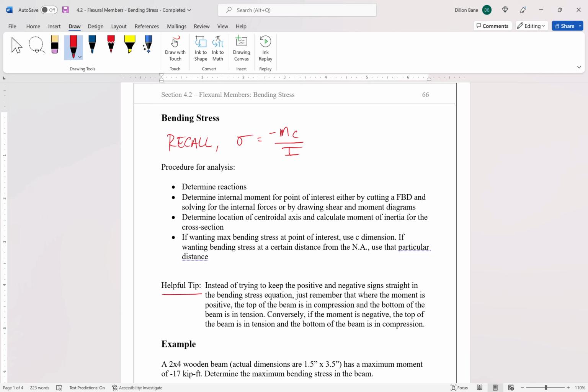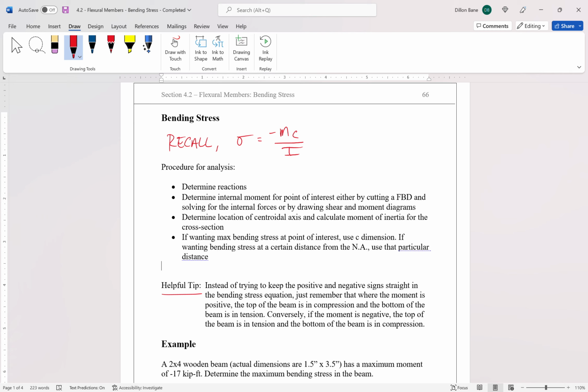It is very easy a lot of times to get tripped up on what your signs are. But I just wanted to make this point to you: instead of trying to keep all your positive and negative signs straight, all they're going to indicate to you is whether it's a tensile stress or a compressive stress. That's all the positive and negative means. If it's positive it's tensile, if it's negative it's compression.